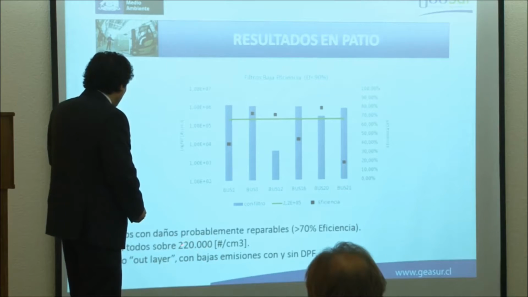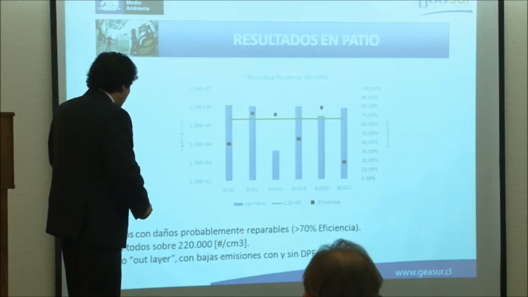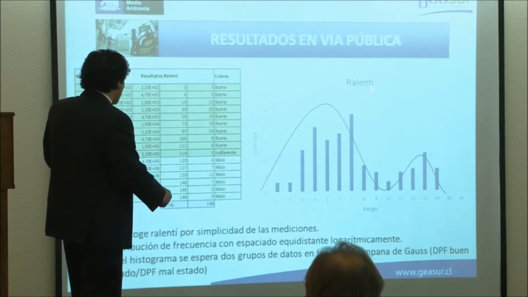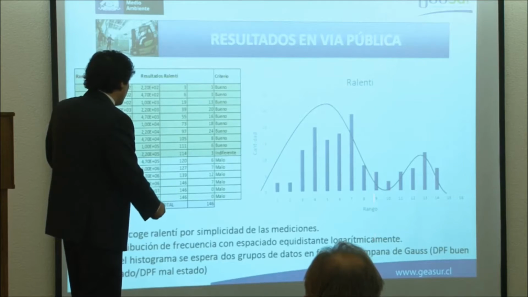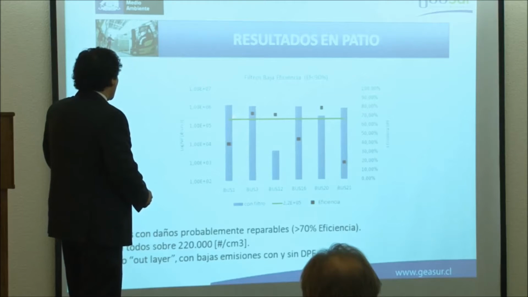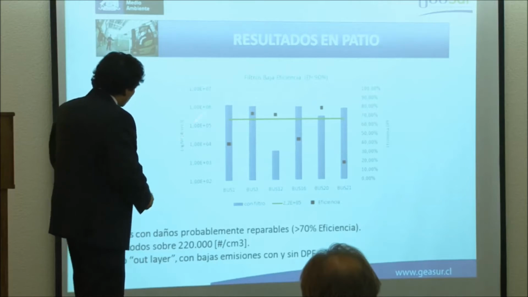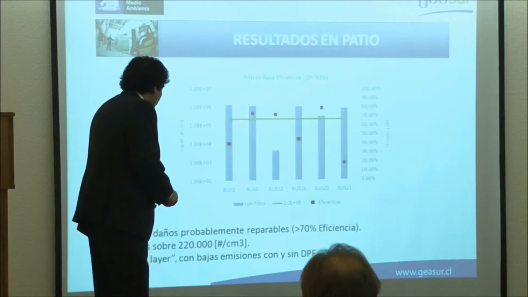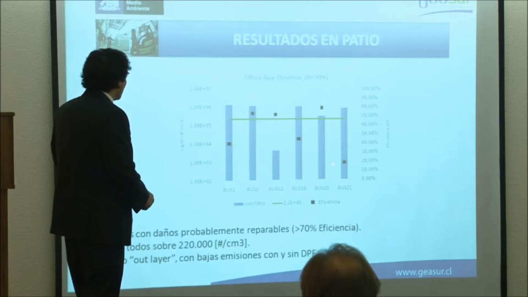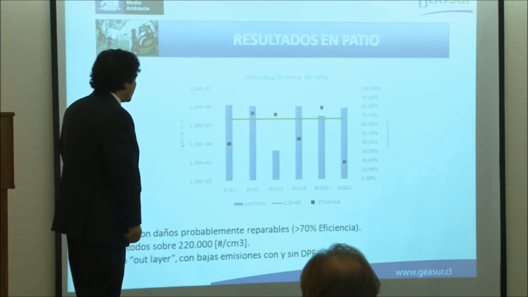And at the value of 220,000 particles per cubic centimeter, which would be the point where we saw these two distributions separate, like a possible limit, we observed that of the 22 filters that were measured with low efficiency, which means efficiencies under 80%, practically all of them presented a value over this limit.